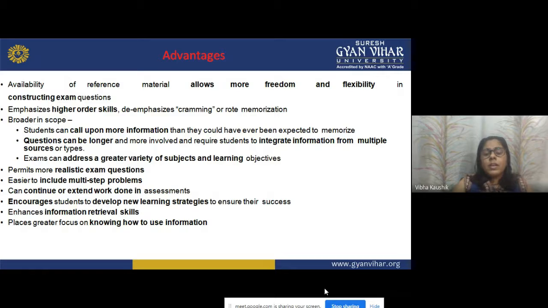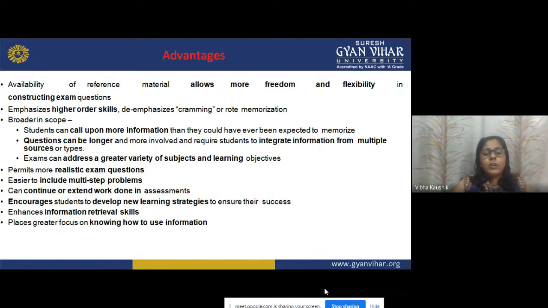It means the learning strategies cannot be the same for the student when the student is opting for an open book exam or a closed book exam. When the student is opting for an open book exam, then he or she has to develop a new learning strategy so that he or she may get success.